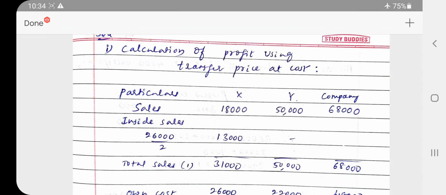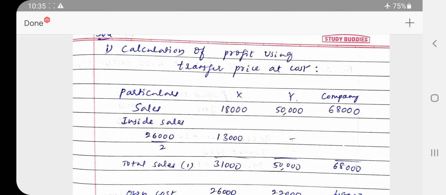So half of it means 13,000 to the open market, isn't it? The 13,000 we need to take as sales. We are not transferring here, we are just sending to the open market. So 13,000 we need to add, half of what X can do, right? X only sells half of its output to the open market and half to Y. Y doesn't do anything.